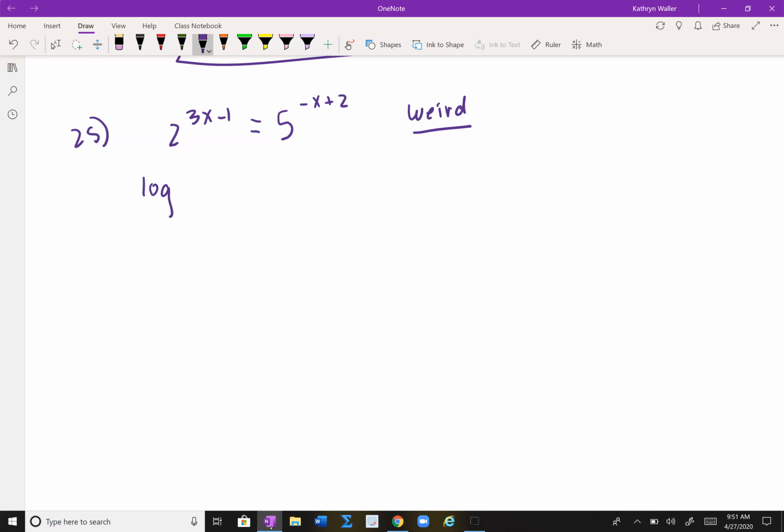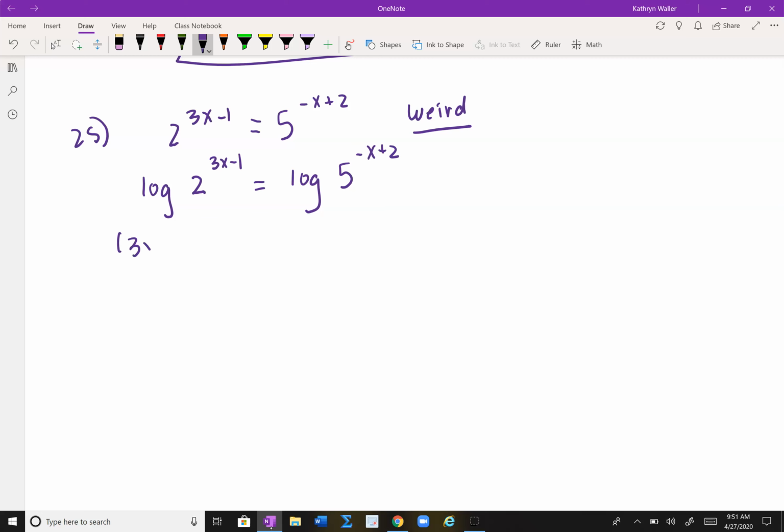So this is the log of 2 raised to the 3x minus 1. It is not log base 2 of 3x minus 1. This is wrong. This is right. So don't write the 2 as a base. It's the log of 2. This one right here is the log of 5 raised to the negative 2x plus 2.